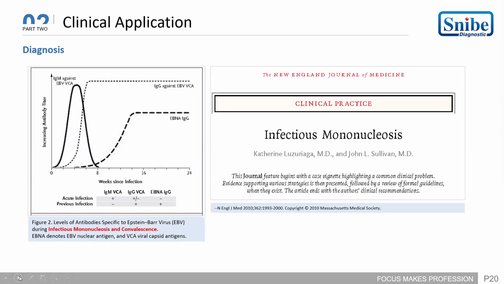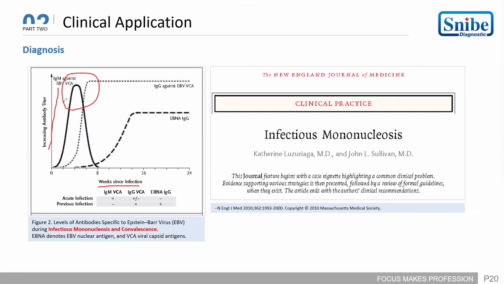You can go for the diagnosis of this infection with the levels of antibodies specific to the EBV virus during infectious mononucleosis. You can see here a graph of increasing antibody titer versus weeks since infection.